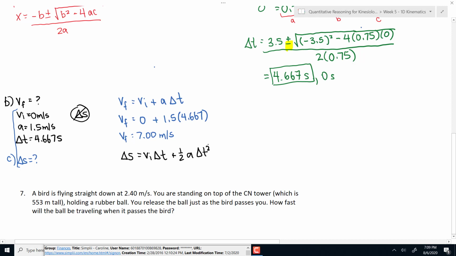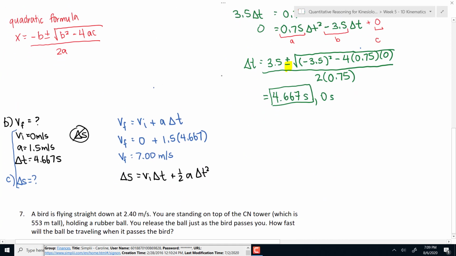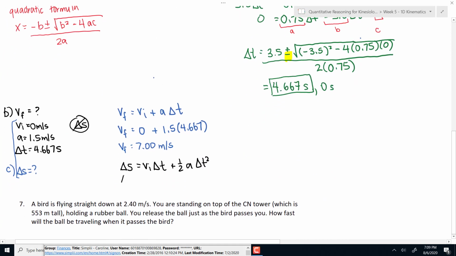And we're doing this for the dad. So we're using all the variables for the dad. That's why we're using the variables in the column corresponding to the dad. All right, so we have delta s is equal to v initial for the dad was 0, delta t for the dad was 4.667, plus 1/2 a, which is 1.5, delta t squared, which is 4.667 squared.